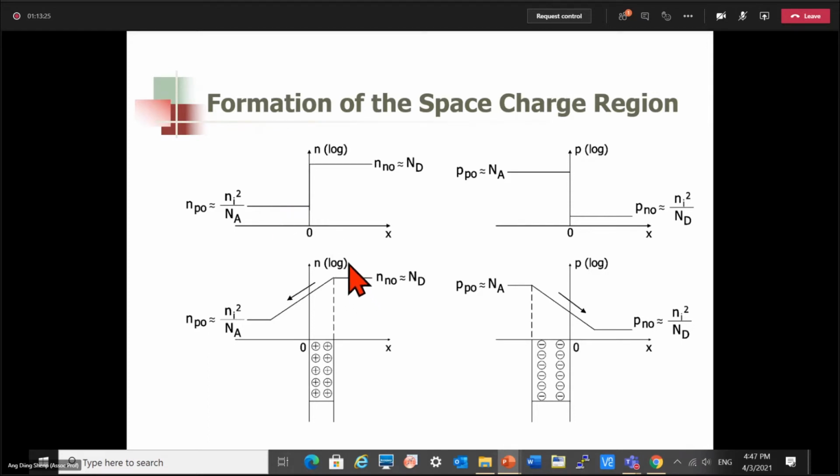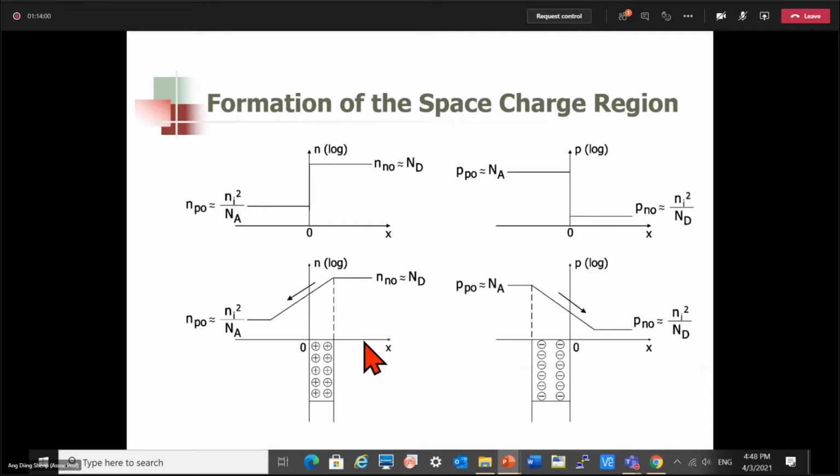The diagram that you see at the bottom here is the electron concentration profile after diffusion has happened. The concentration of electrons in this part of the N region is now reduced, and the concentration of electrons in this part of the P region is now increased due to the diffusion of electrons from N to P.